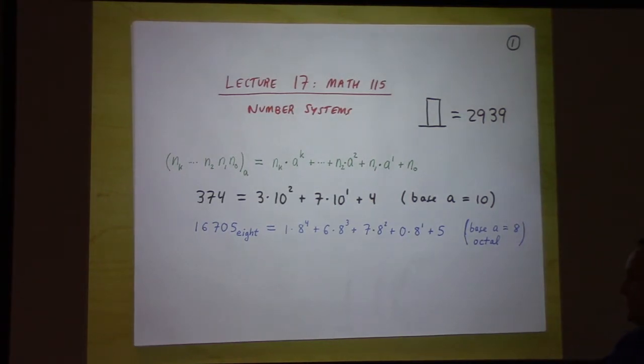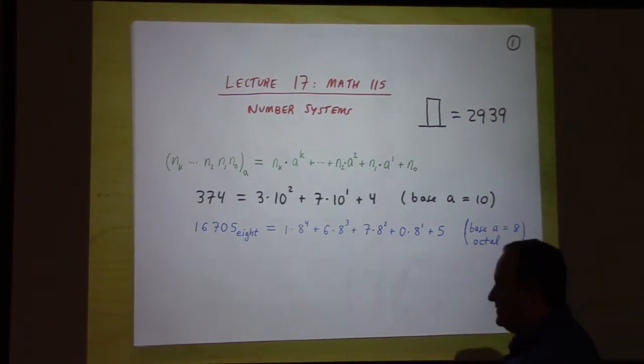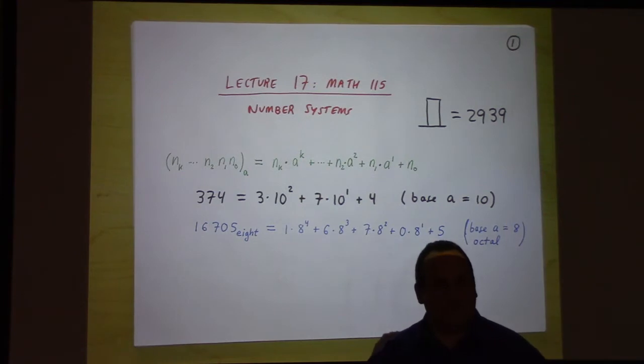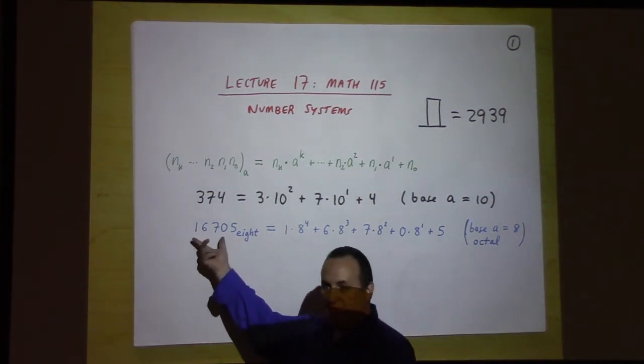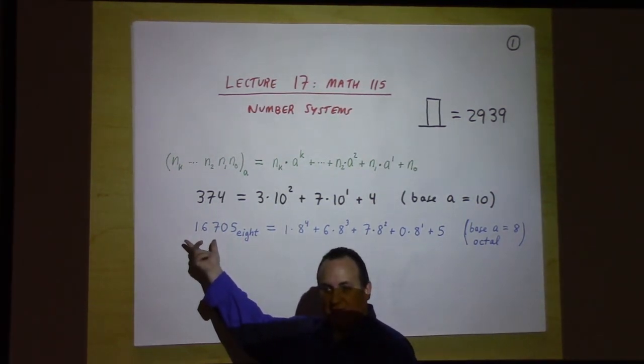You look through outputs and you see the number 16705. The question you have to ask yourself as a computer programmer is: is 16705 a regular base 10 number, or is it a base 8 number? Because it could be either.